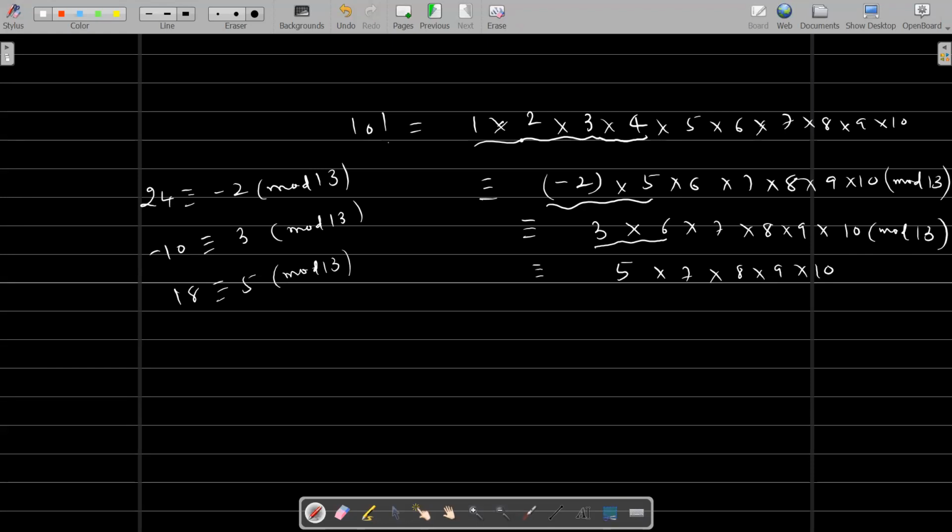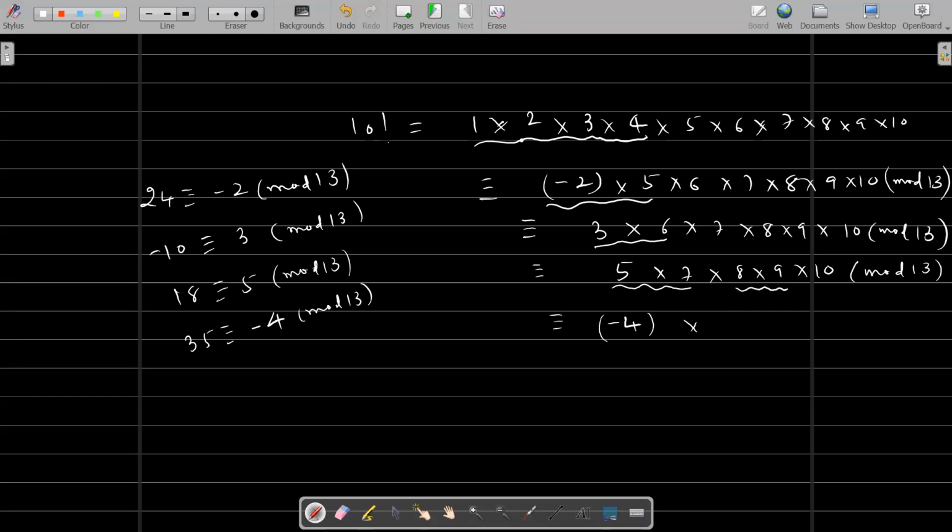So you have to work step by step mod 13. And then further, 7 fives are 35, and 35 is, shall I say, minus 4 mod 13.